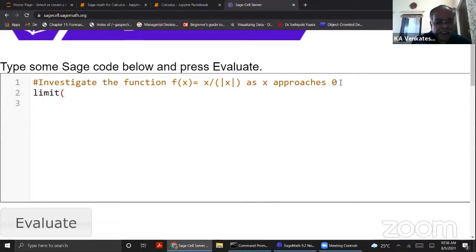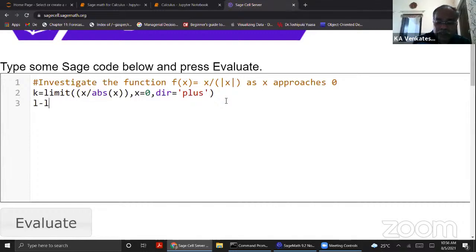Limit x by abs of x, comma, x equal to 0, direction equal to plus. I want to display this, so I'll put k equal to this, with some changes, so that you also will know.